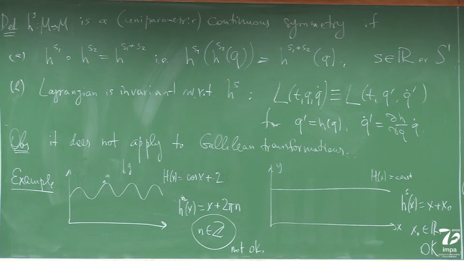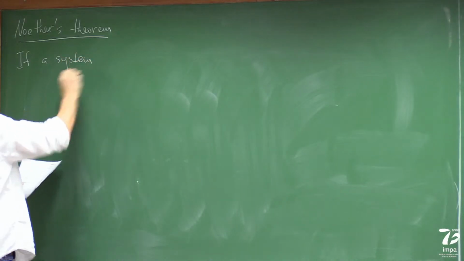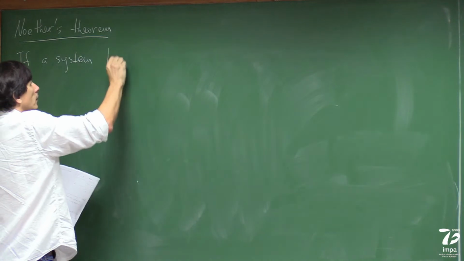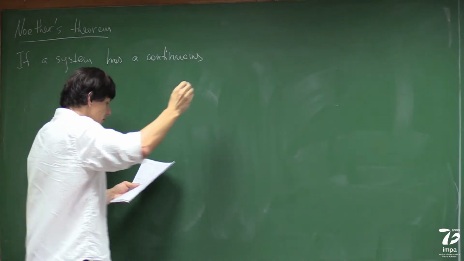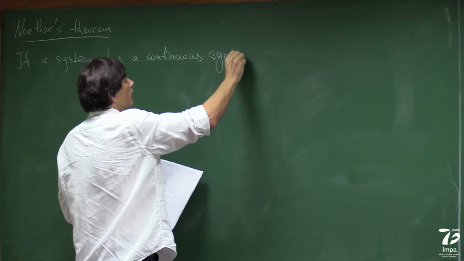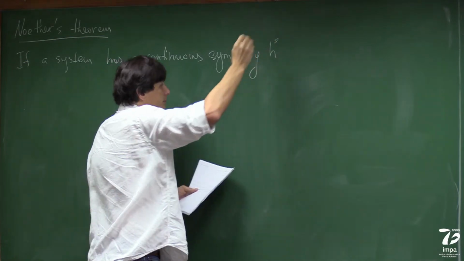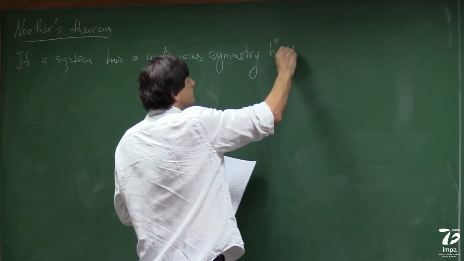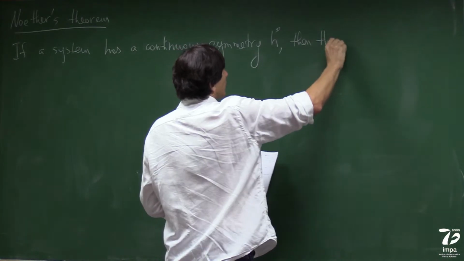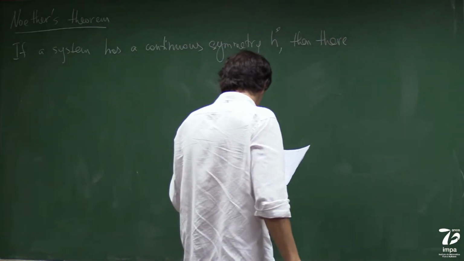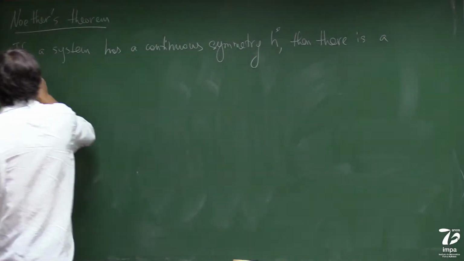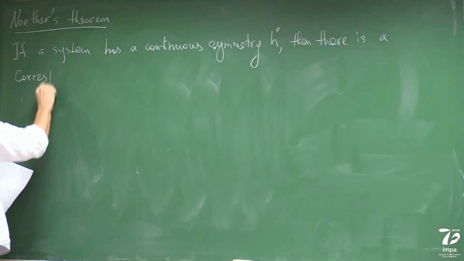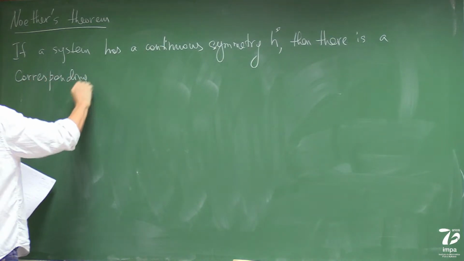The formulation in words is: if a system has a continuous symmetry, then there is a corresponding conservation law.